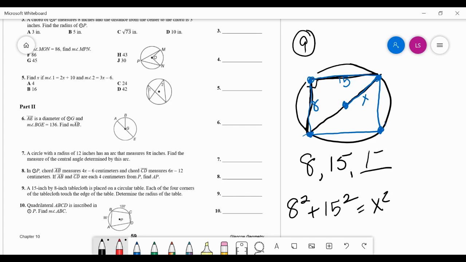You'll find that it's an 8, 15, 17 right triangle, which means that the entire length of the diameter is 17. But I'm only looking for the radius, so I have to take that 17 and divide it by 2. 17 divided by 2 is 8.5. And we're talking inches, so 8.5 inches.